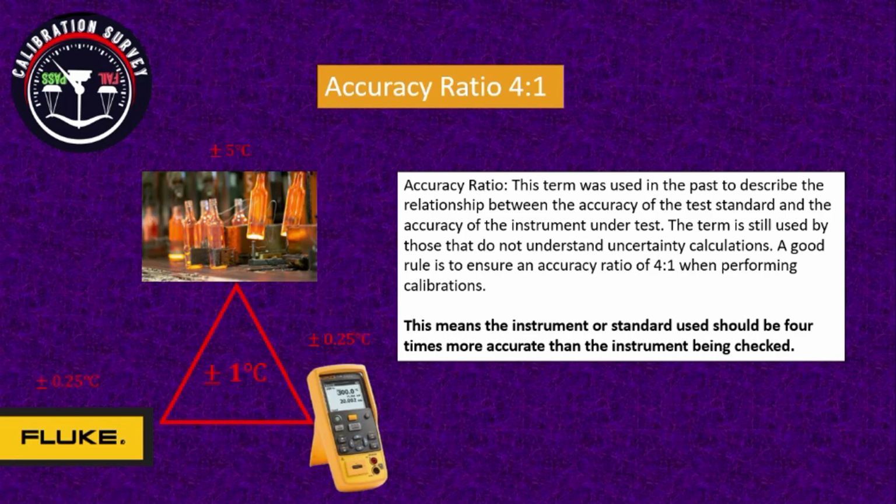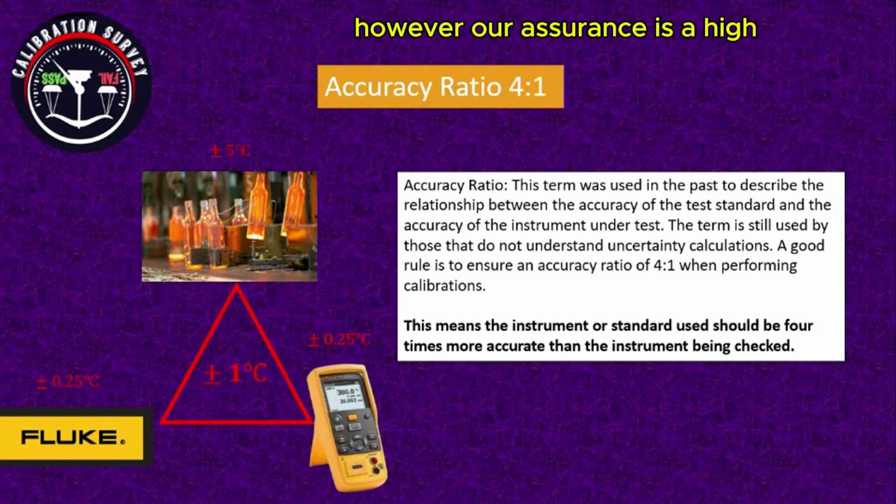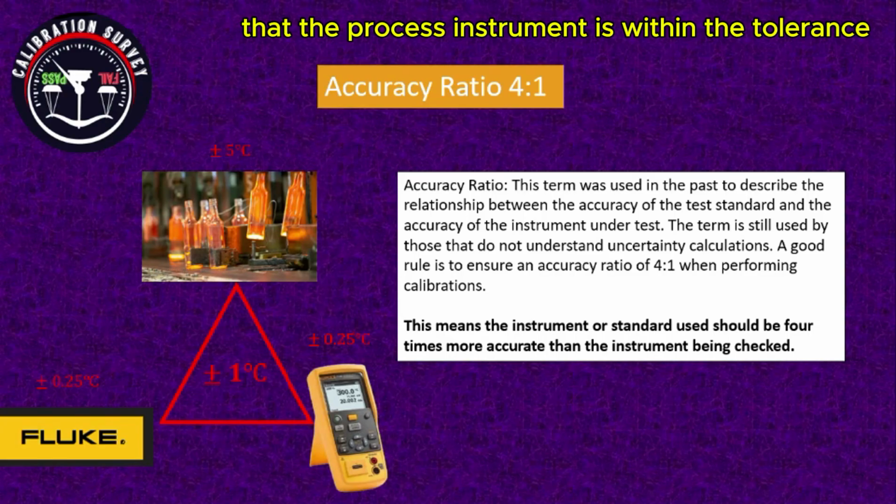So the out of tolerance standard still needs to be investigated by reverse traceability of all calibration performed using the test standard. However, our assurance is high that the process instrument is within the tolerance.